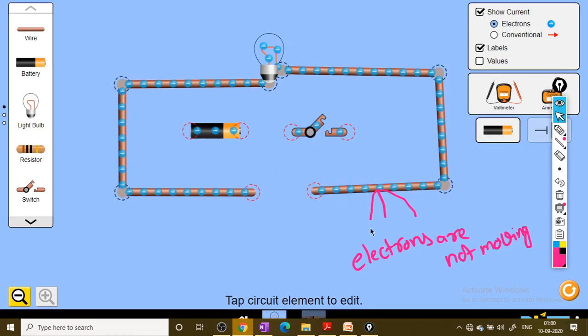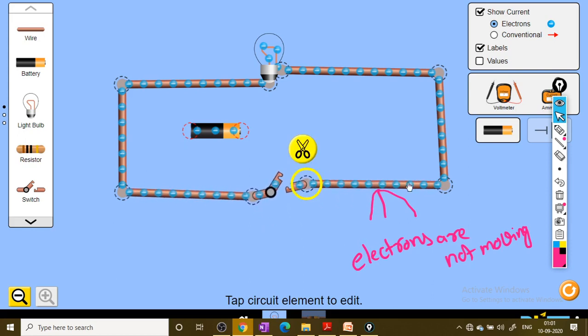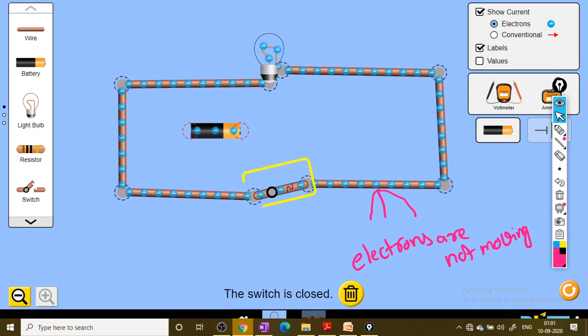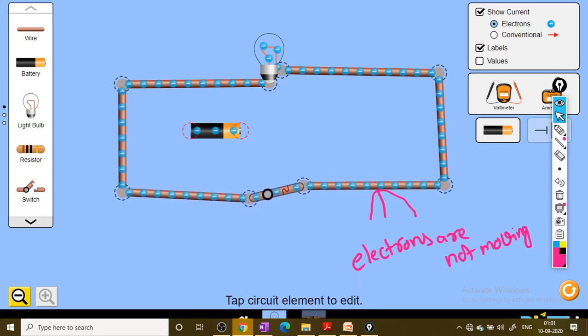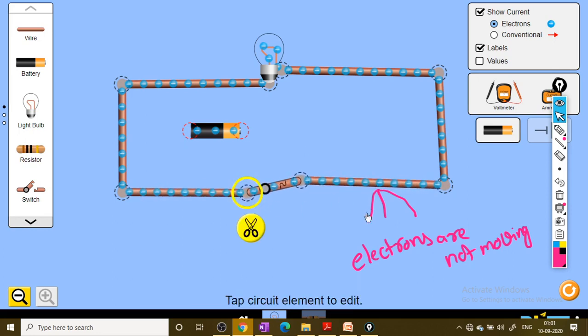So why are the electrons not moving? Let us try to find out. Is the switch the reason? Suppose I connect a switch in the given circuit and turn the switch on, but still the electrons are not moving. That's the reason the bulb is not burning.